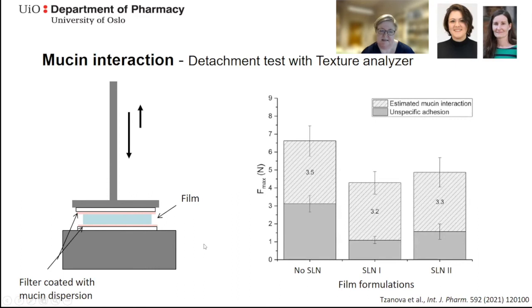And this is a method with a lot of insecurities. It's very important to pay attention that what you measure is the detachment between the film and the mucin layer around the filter paper, and not the double-sided tape that holds the filter paper and things like that.